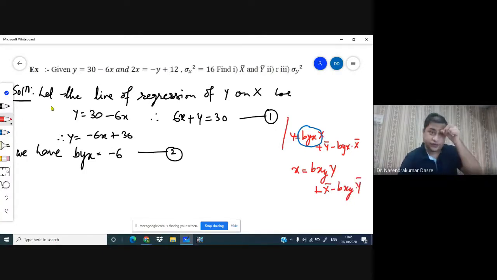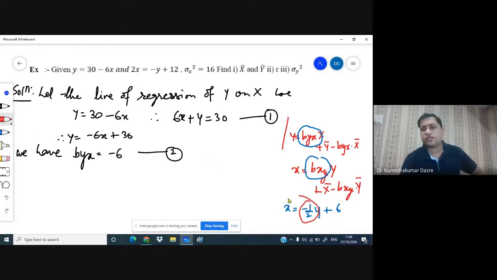So here this will be the slope. For this line, we have to express this as x is equal to minus half y plus 6. This will be the expression for this line. And now what is the slope we'll have here? This will be the slope.